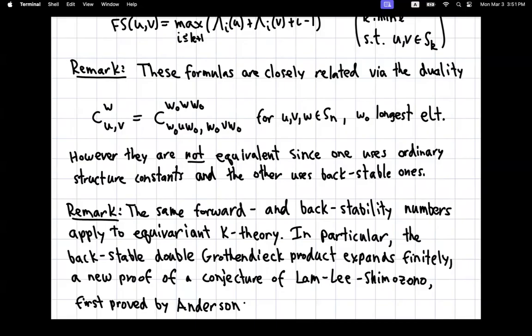So this was conjectured by Lam, Lee, and Shimozono and proved about a year or so ago by Anderson.